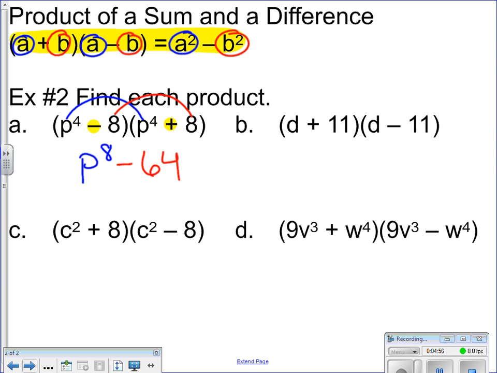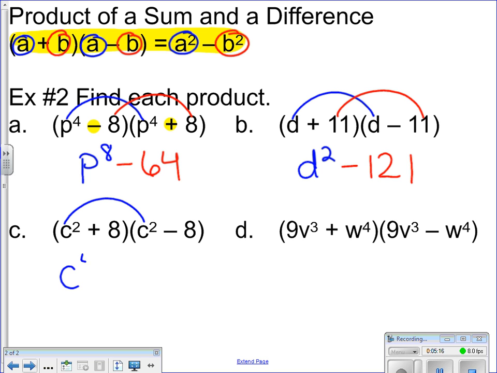All right, so first, d times d, d squared. Negative 11 and positive 11, negative 121. First, c squared. That's c to the fourth. Last, negative 8, positive 8, negative 64.